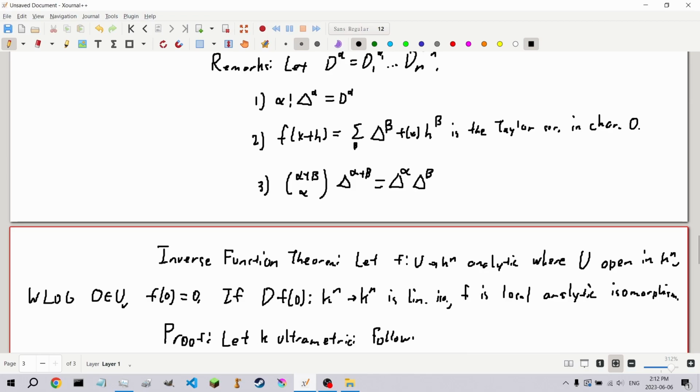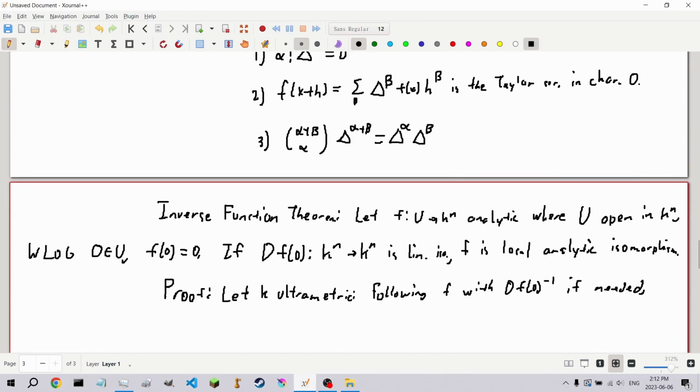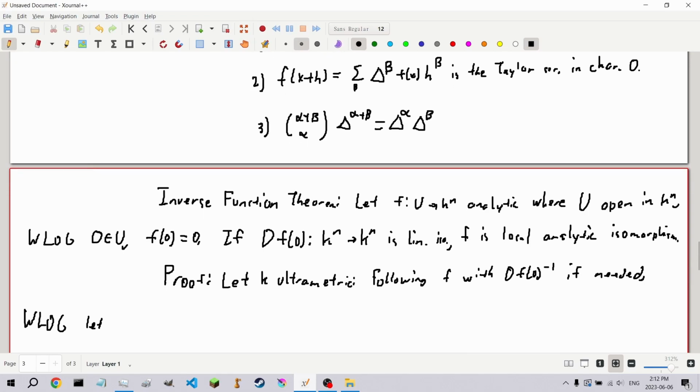By composing f with the inverse of df0 if needed, without loss of generality, we can let fi of x be xi minus the sum over positive alpha, we're not doing algebra anymore, of a sub i comma alpha times x to the alpha, which is xi minus vi of x.